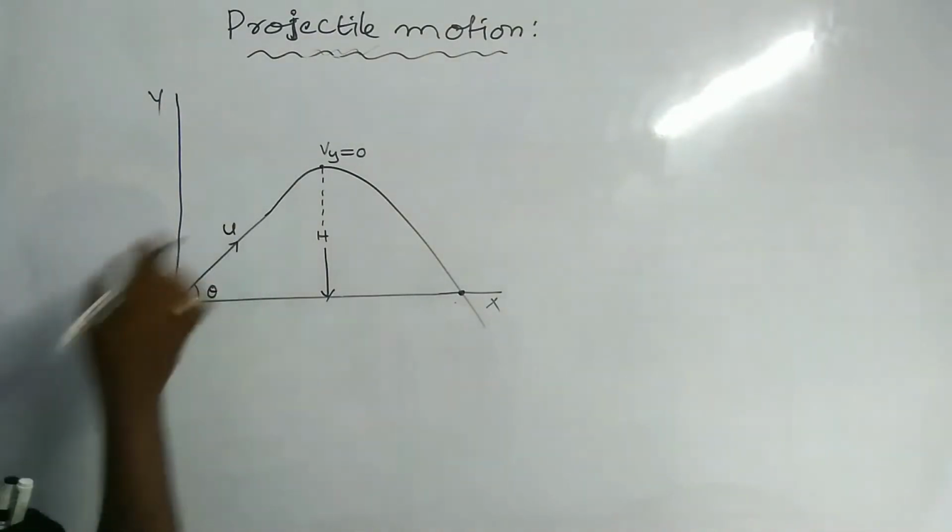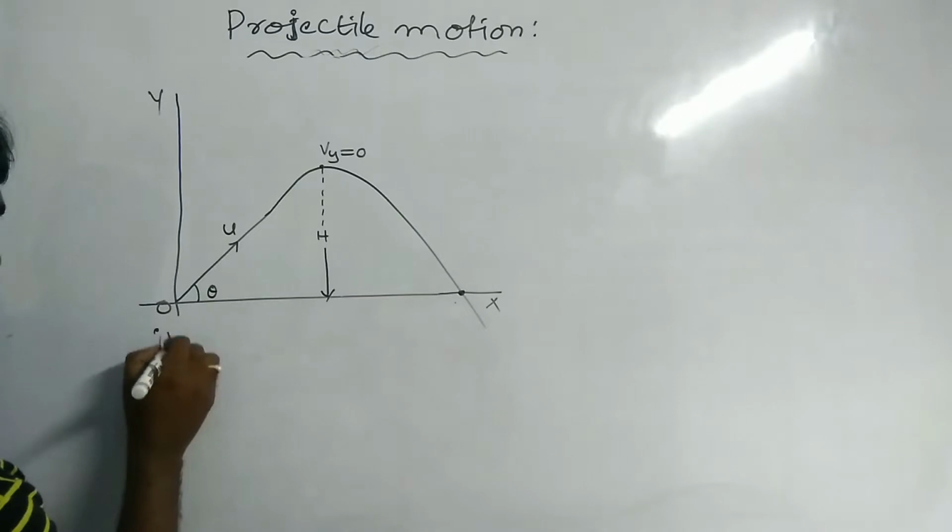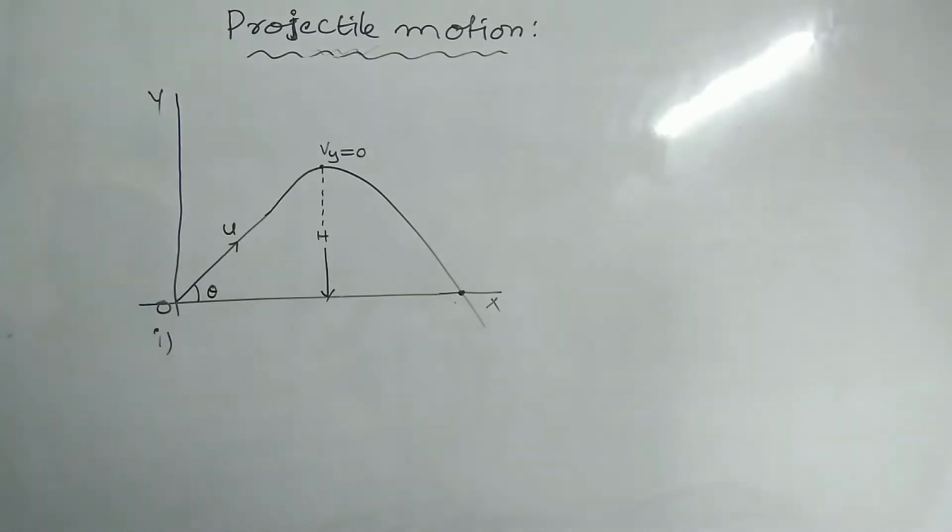In this case, the initial velocity u will be divided into two components.